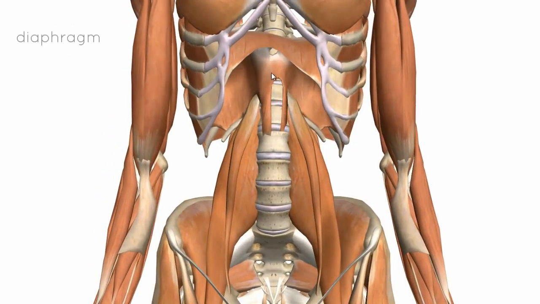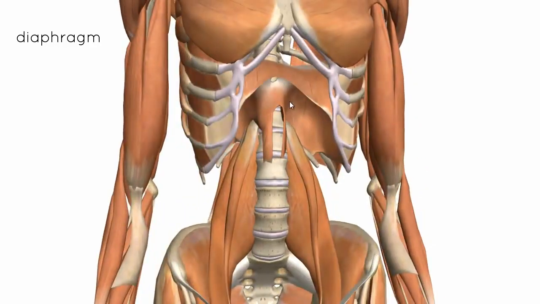So right at the top we've got the diaphragm. The posterior parts of the diaphragm contribute to the muscular parts of the posterior abdominal wall. So we'll take a quick look at the diaphragm.